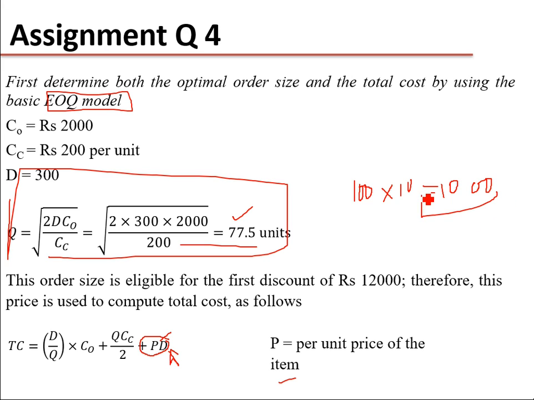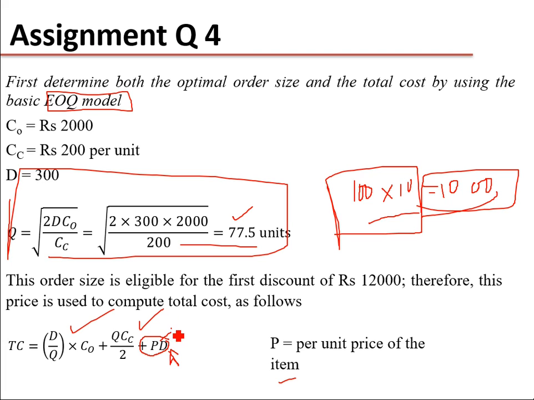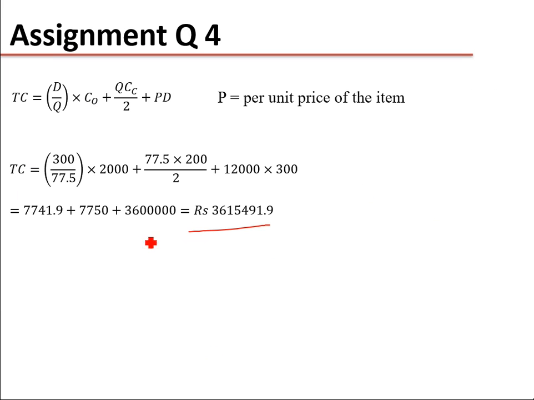So this is how we get the product cost, total unit cost over there. So this is the total cost, this is the ordering cost, this is the carrying cost, this is your material cost over there. Okay.